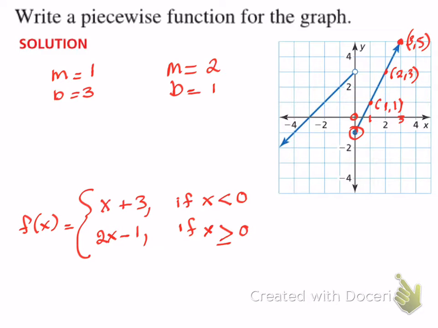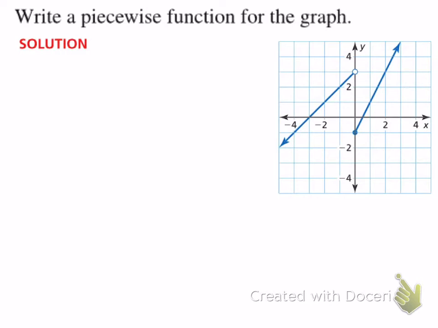We're looking at the width when we talk about domain. So that's how we write the piecewise function. If I were to be asked, let me erase all this, what if I am asked about the range?